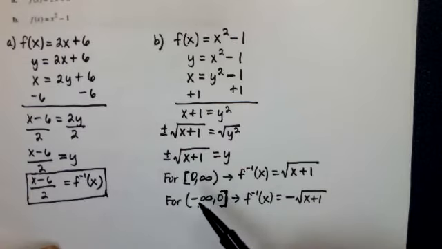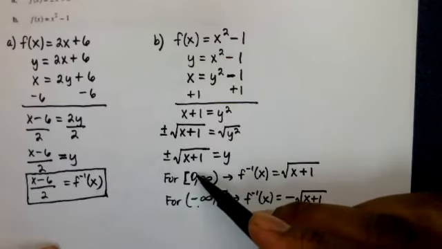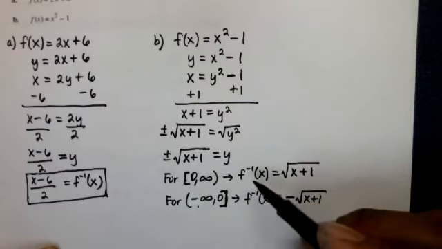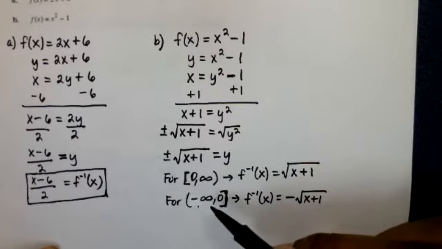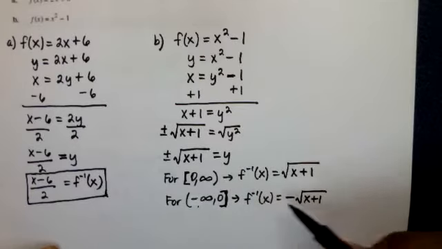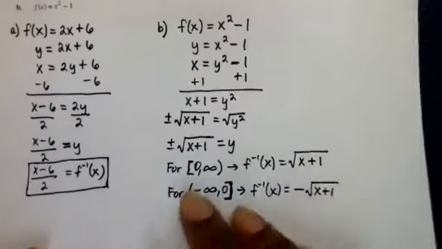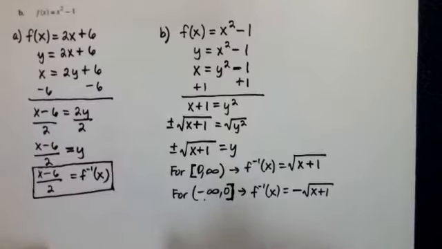And that's only for negative infinity up to 0. So only for 0 to infinity, it will be this f inverse of x. And then from negative infinity to 0, f inverse of x will be equal to negative square root of x plus 1. So I just need to clarify that.